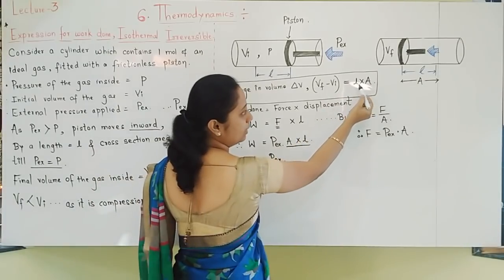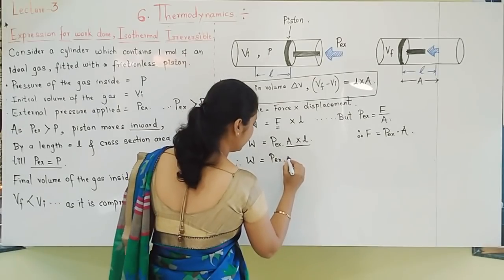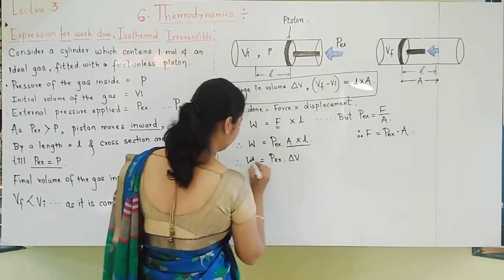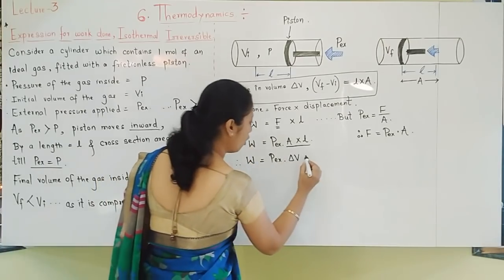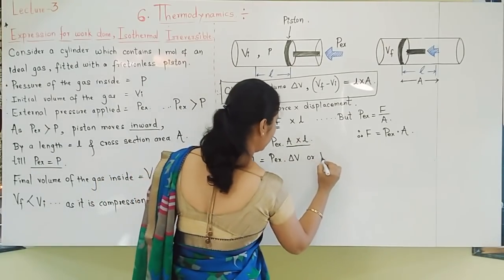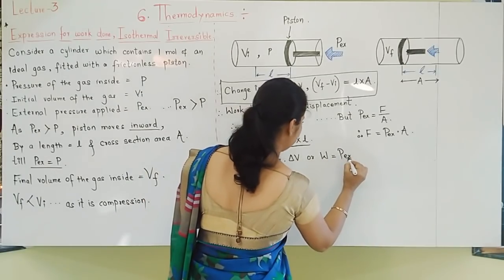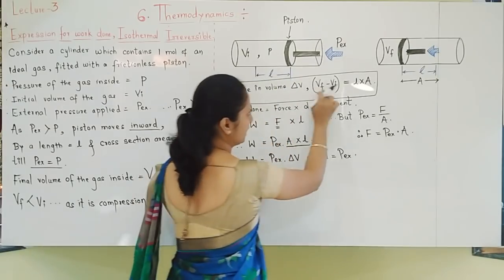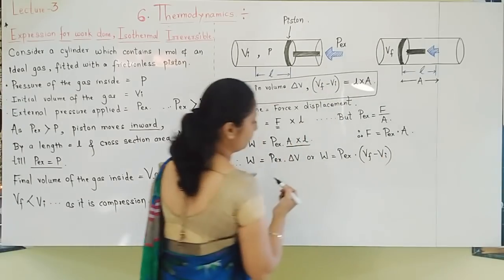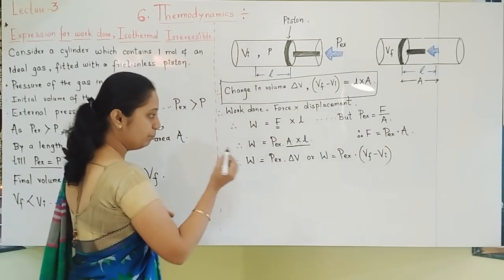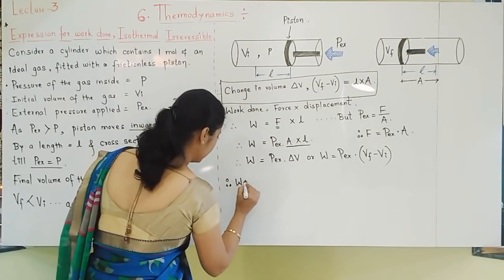See students, A into L is nothing but change in volume, delta V. So W is equal to P external delta V, or instead I can write final minus initial also. But before writing the final form, understand one more thing here.